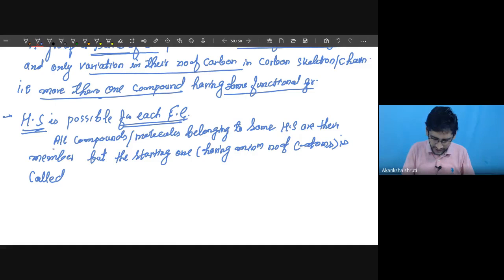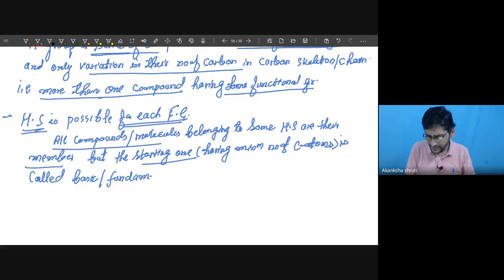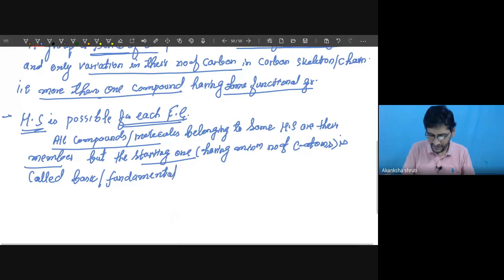So therefore, all the compounds we are writing are members, but the one from where the series is going to start, which contains the minimum number of carbon atoms, is called the basic or fundamental member of that homologous series.